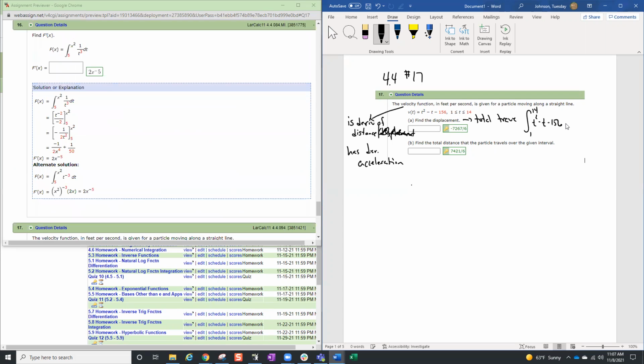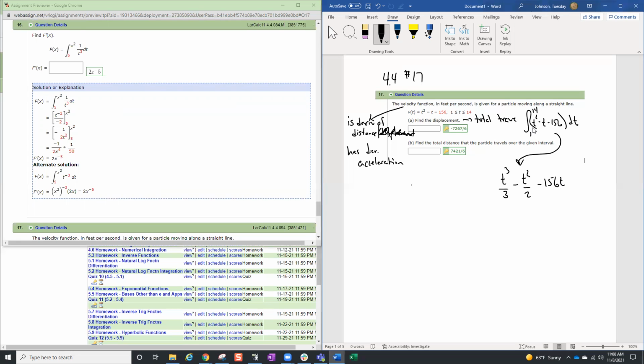Oh yeah, displacement is going to be the overall area. And on this one, we'll have to break it up into parts. So for the total travel, we're going to take the antiderivative. We'll have t to the third over 3 minus t squared over 2 minus 156t.